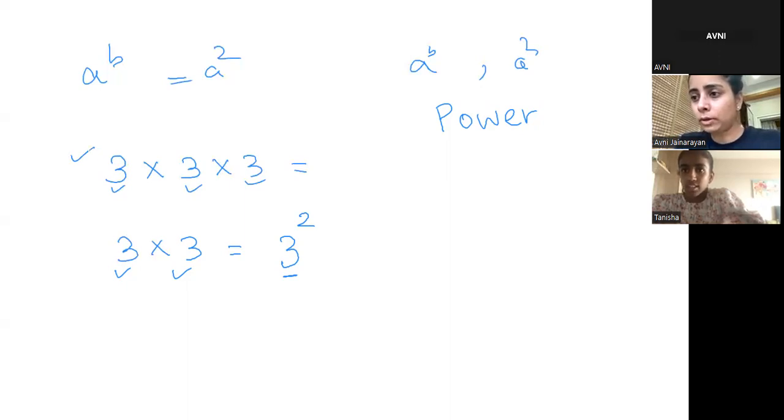It's going to be 3 raised to the power 3, because 3 is being repeated 3 times.